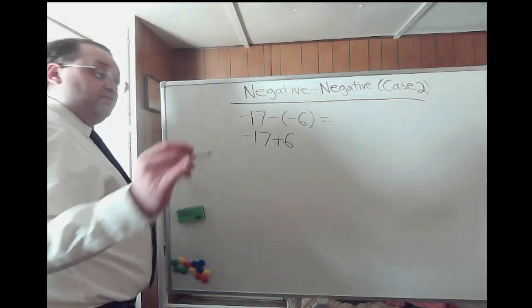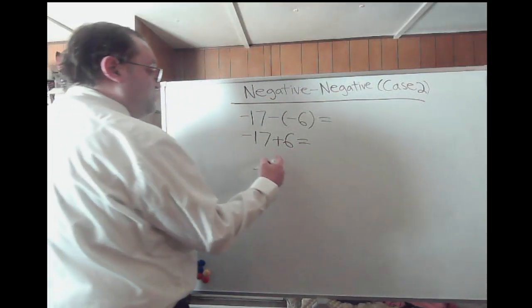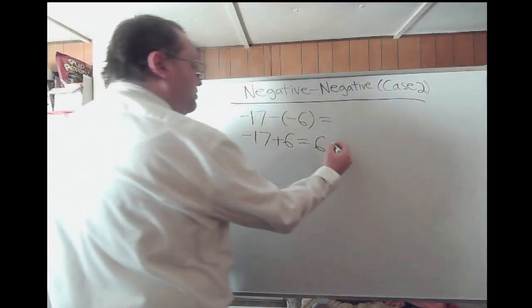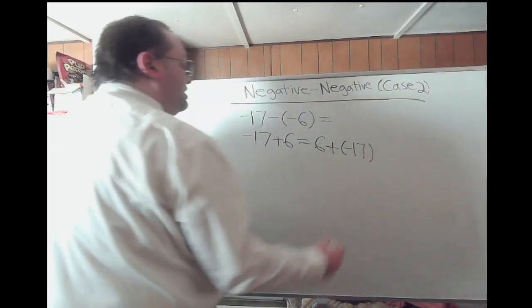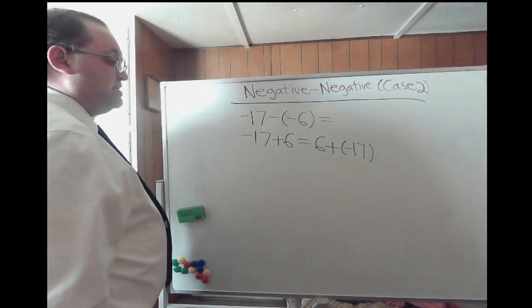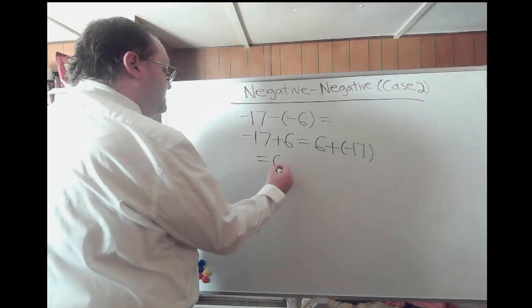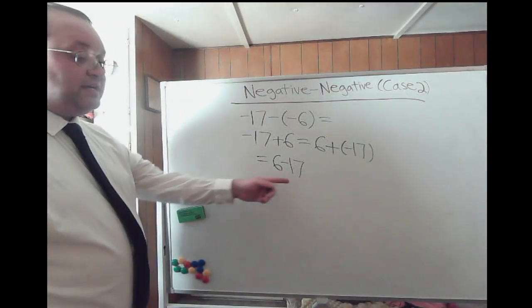By the commutative property of addition, what you can do is take these and switch them around. You'll have positive 6. Whenever you do minus a positive number, that's the same as adding the negative of that number. You'll have 6 plus negative 17, which would equal 6 minus 17. You're now in case 2 with a positive minus a positive.